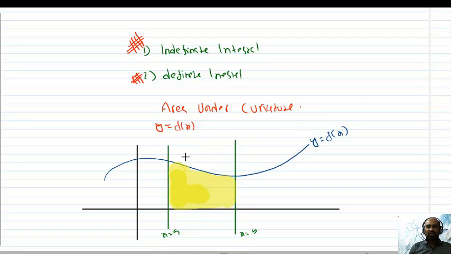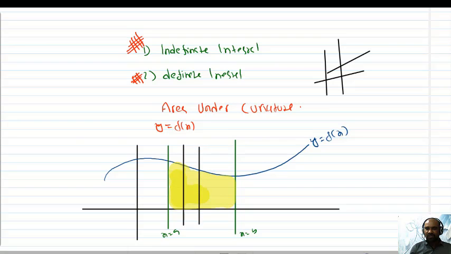Students, in the previous situation, they drew only one vertical line, divided the figure into rectangles, and from that found the area. But to get more accurate, the figure is divided into a finite number of rectangles, in such a way that all the widths of the rectangles are the same.